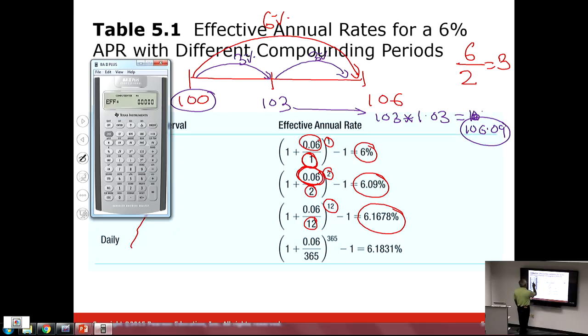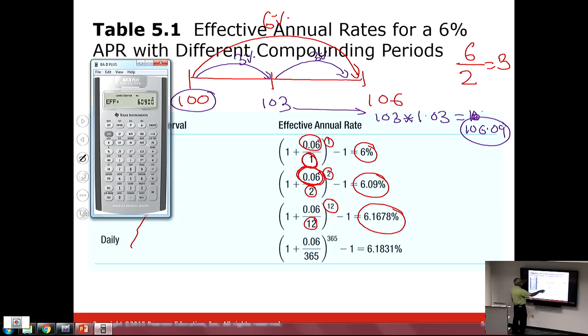Then I go down until I get to the display C/Y. It is asking me how many periods am I compounding per year. Since this is semi-annual compounding, C/Y is 2. I enter that. Then I go up arrow back to the display when it reads effective, and I do compute. I get 6.09%.